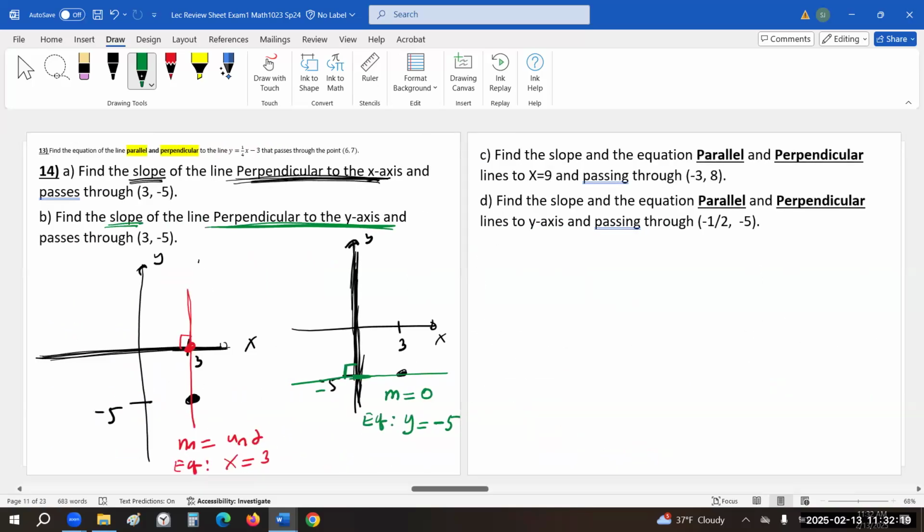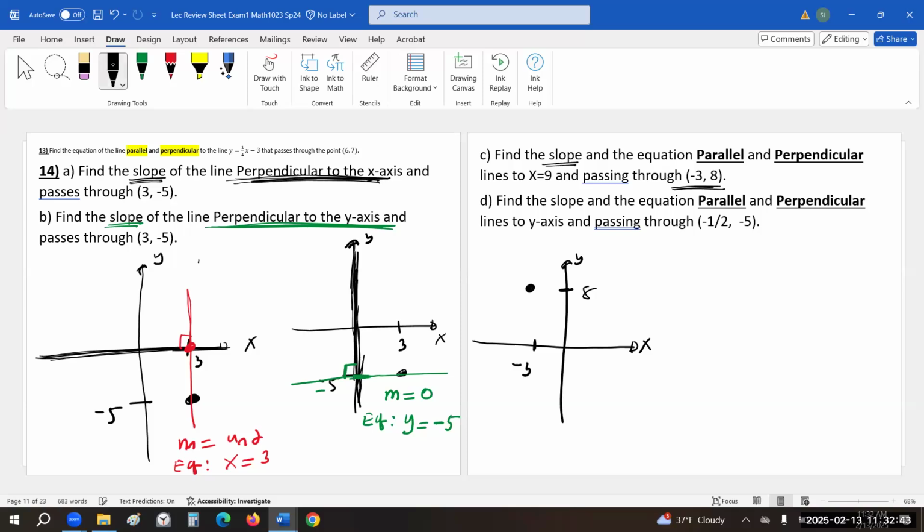Next one are exactly the same thing, but this time it's not the x or y axis, it's with respect to another line. So they give us the point -3, 8. So -3, and let's say this is 8 somewhere here.